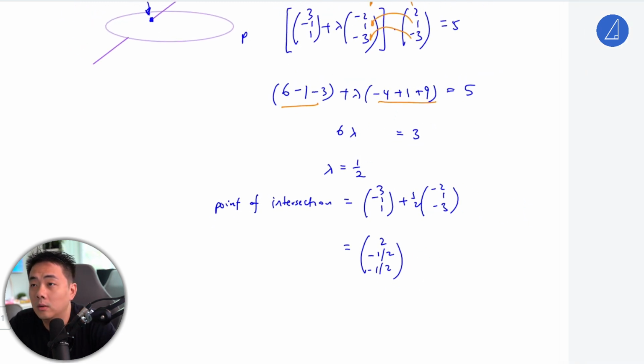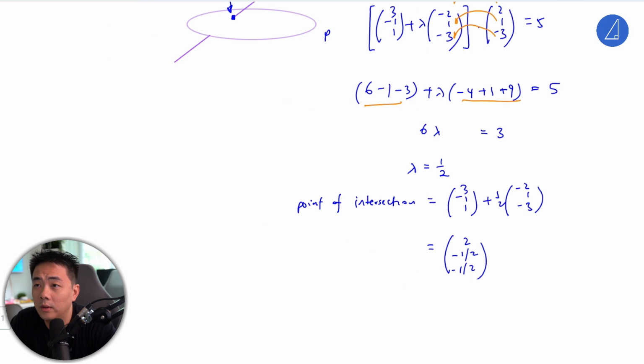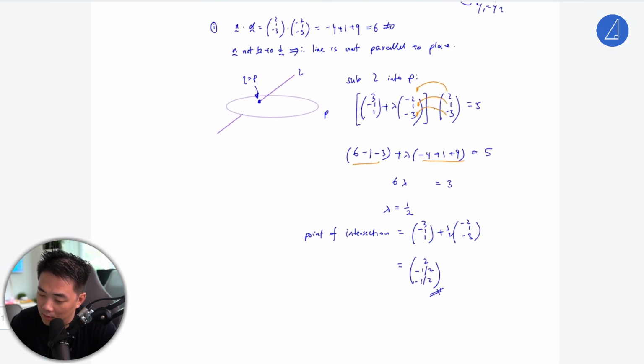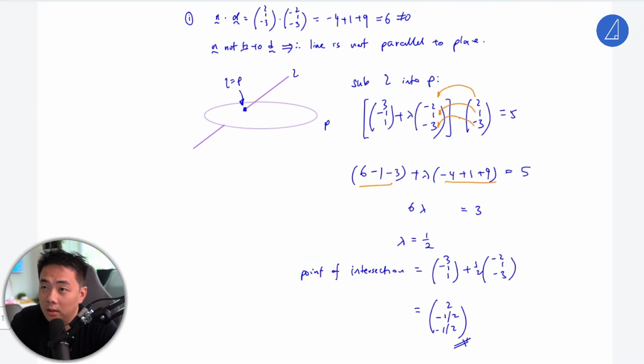So on the coordinates, if the line intersects, find the point of intersection. So in this case, hence L intersects the plane.